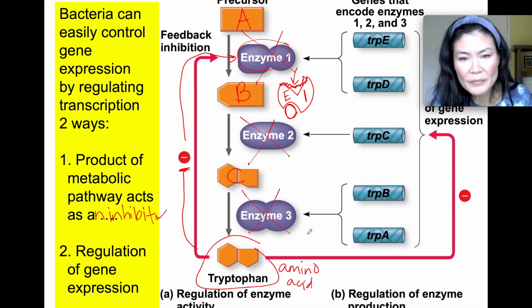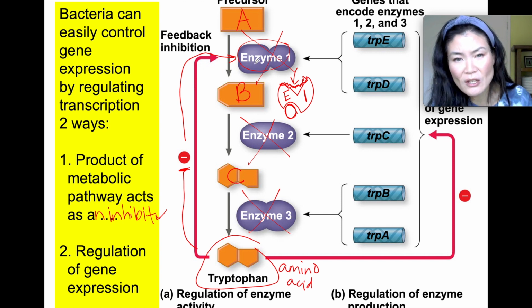So I was telling my classes today that this way, the second way, is energy conserving. It saves the most energy because the cells, the prokaryotes, the bacteria, they're not spending energy making the enzymes. Whereas in the first way, they do make the enzymes. It's just that tryptophan shuts down the ability for enzyme 1 to do its job.